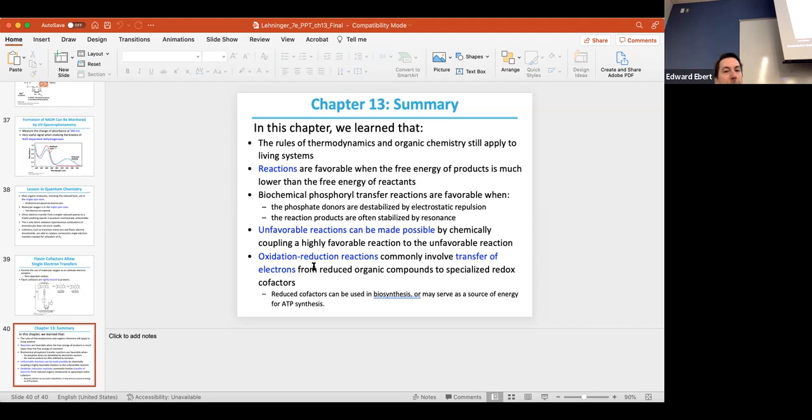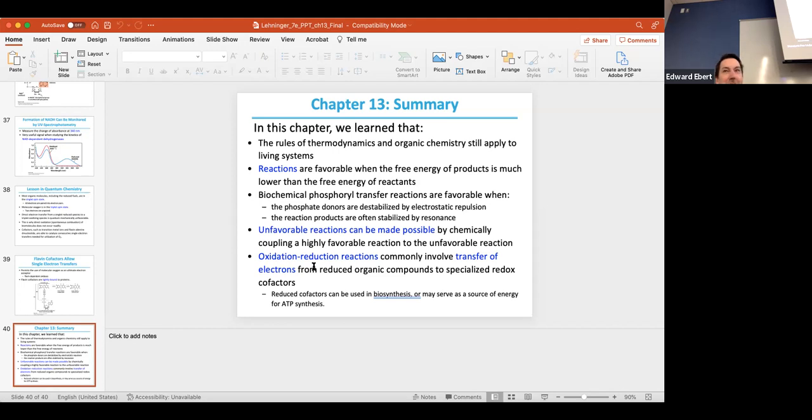Okay. The big thing is redox reactions play a huge role in our metabolic procedures as well, because we will see that flow of electrons in there, which is why I've changed up the order that we do these chapters in.